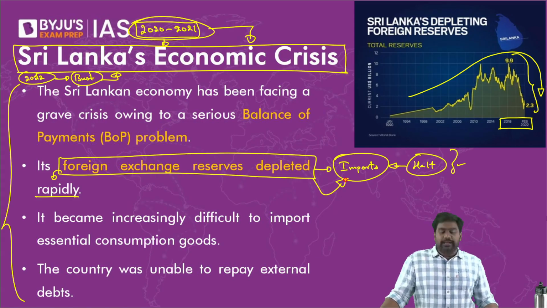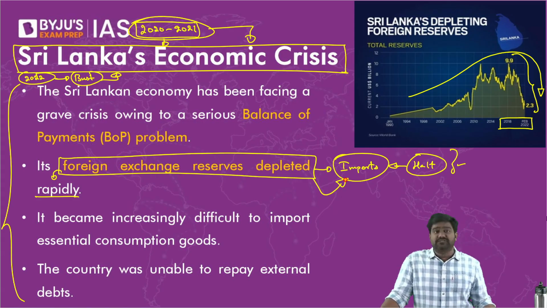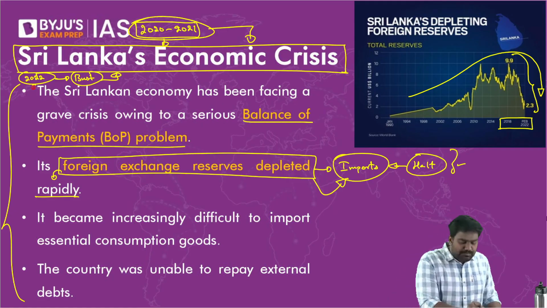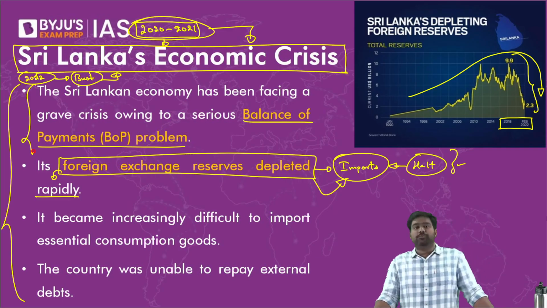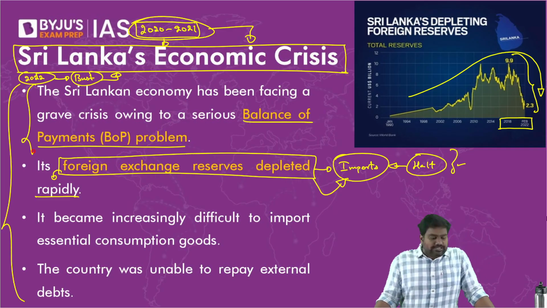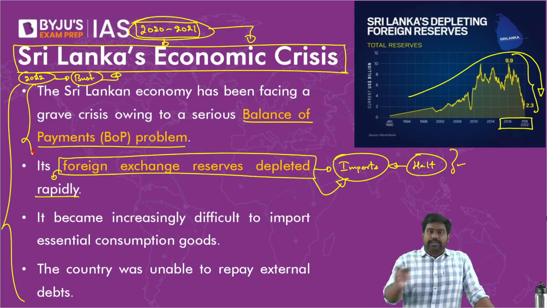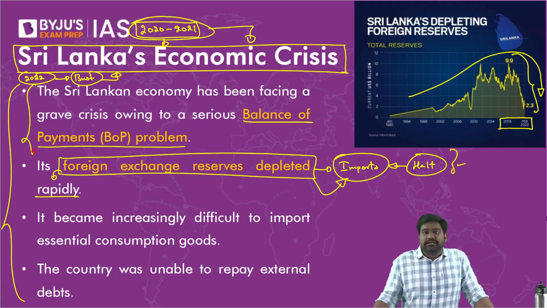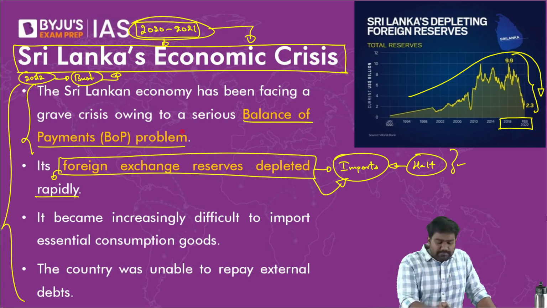The reason why Sri Lanka's forex reserves depleted and it had to face this crisis was because it was facing a BOP problem, a balance of payments problem. On its current account, which provides the difference between the trade in goods, the exports and imports of goods and services, Sri Lanka was suffering a massive, massive deficit, and it was also suffering from a huge debt burden.